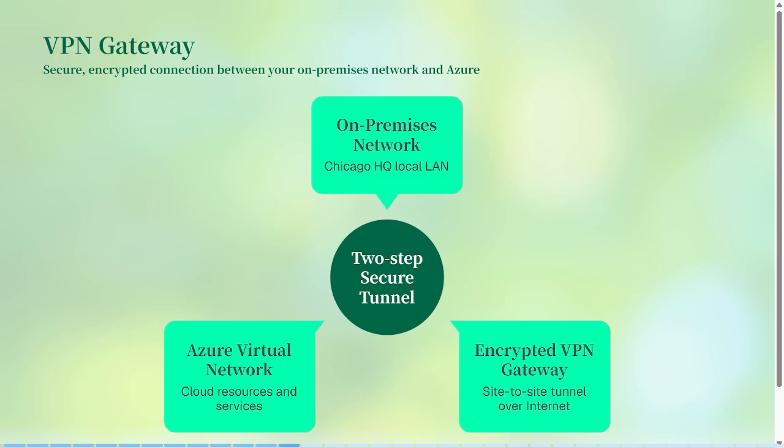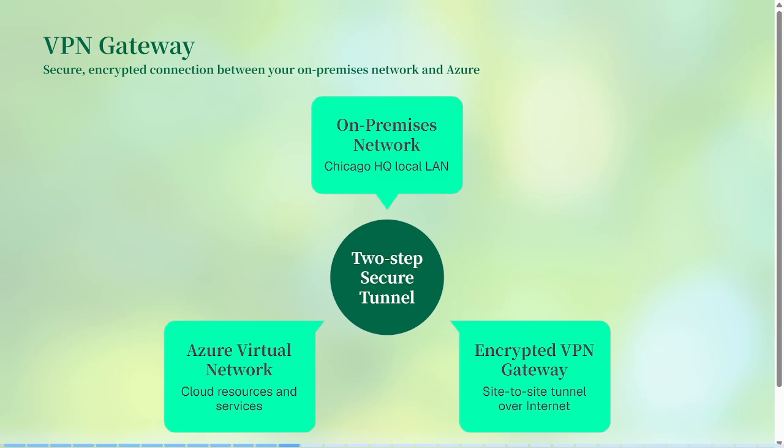Imagine a company has its headquarters in Chicago and has migrated its payroll and HR applications to Azure. Employees working in the office still need secure access to these applications. Instead of exposing the application directly to the internet, the company deploys an Azure VPN gateway.